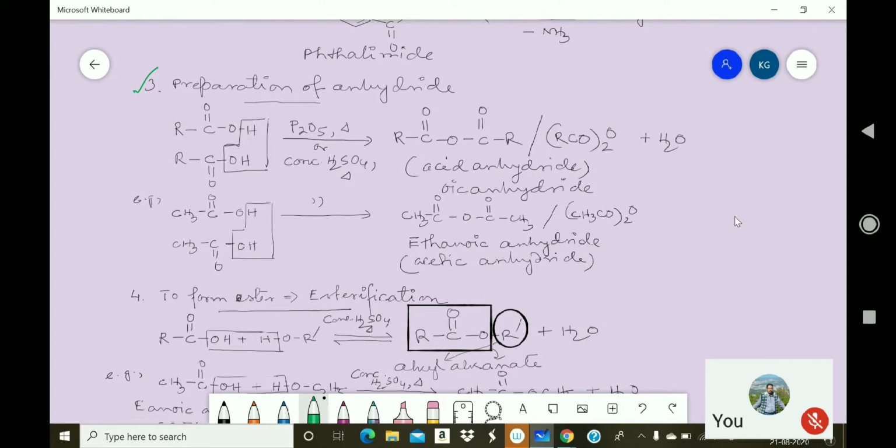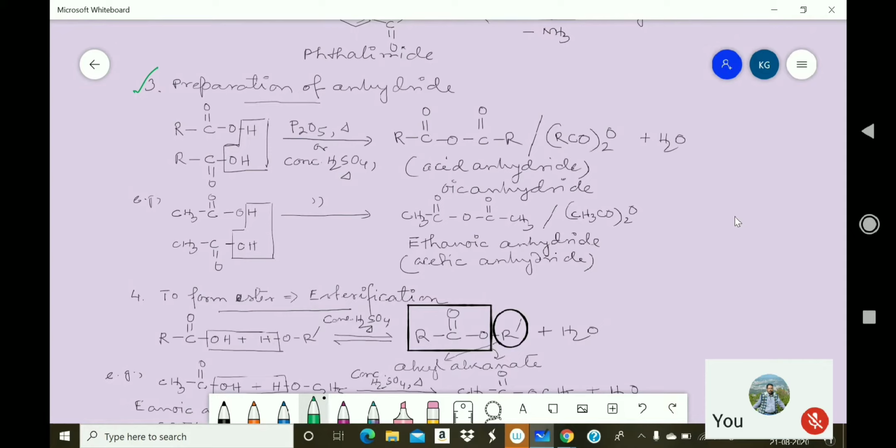So this dehydration is possible in presence of dehydrating agents like P2O5, which can give the reaction in dry condition, and also in presence of concentrated sulfuric acid, which acts as a dehydrating agent to remove water from the carboxylic acid.